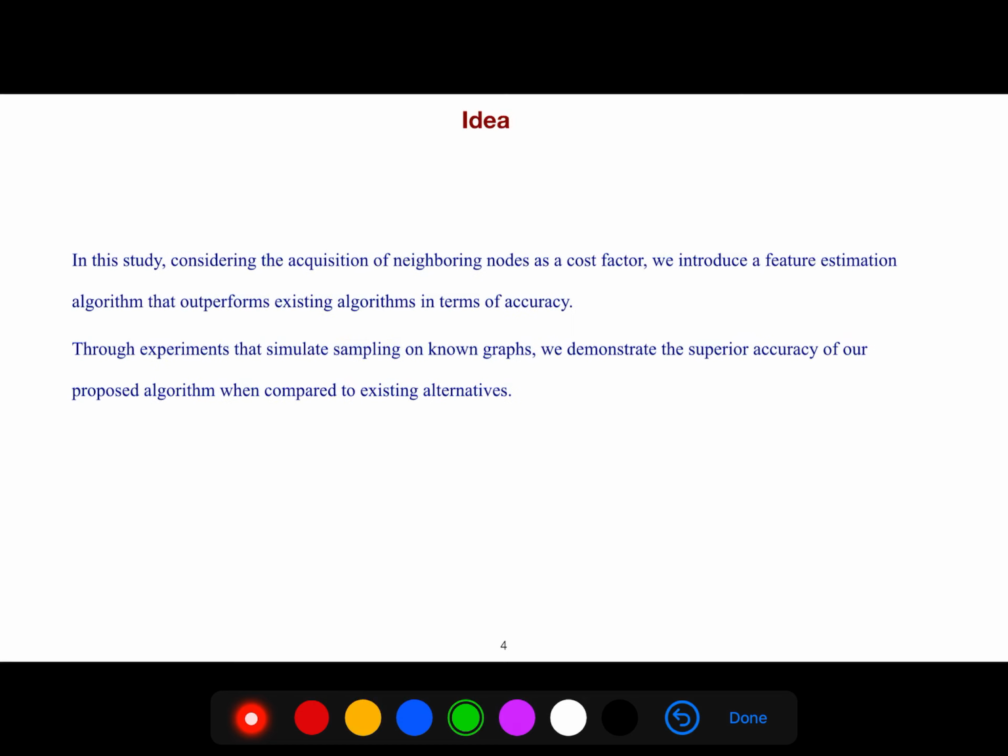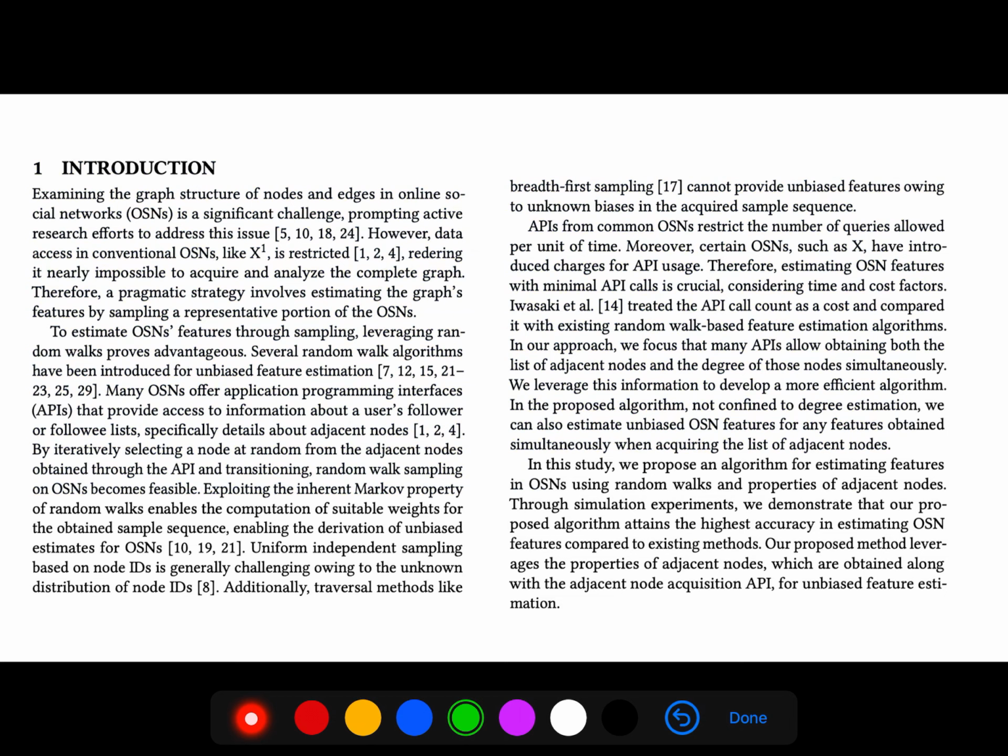So in this study, considering the acquisition of neighboring nodes as a cost factor, we introduce a feature estimation algorithm that outperforms existing algorithms in terms of accuracy. Through experiments that simulate sampling on unknown graphs, we demonstrate the superior accuracy of our proposed algorithm when compared to existing alternatives.